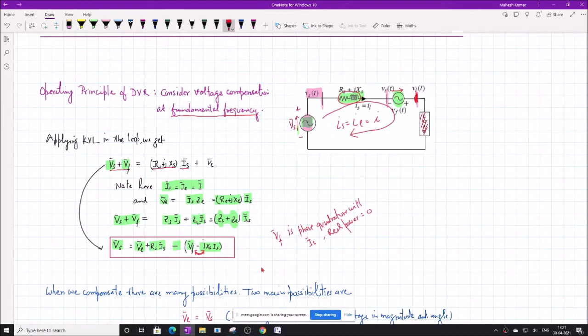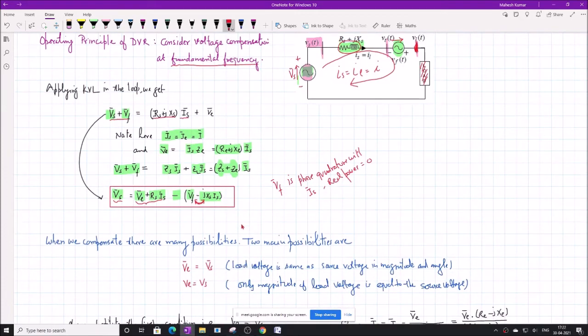The compensation should be achieved at the cost of reactive power only. So we have to ensure that this DVR voltage is in phase quadrature with the current. So therefore the locus of VF is along the j axis of IS, and these components have been separated from this. I will explain more on these lines. First we should just remember this basic equation.